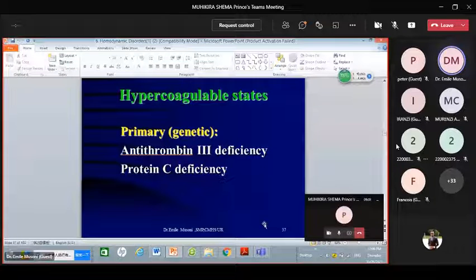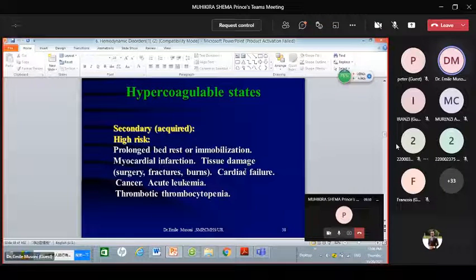Hypercoagulability can be primarily genetic with the antithrombin 3 deficient or protein C deficient. Secondary can be bed rest, immobilization. For example, if you have a fracture of lower limb, then you will be immobilized for 1 month, 3 months. There will be stagnation, no drainage of the blood, and then there will be blood clot.